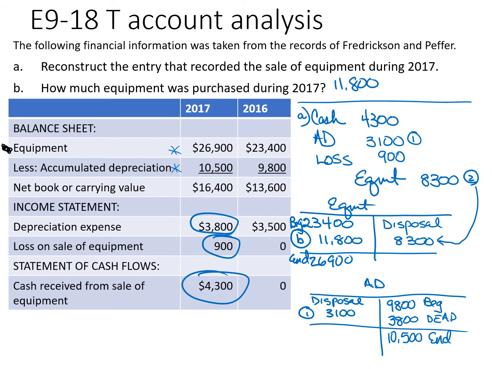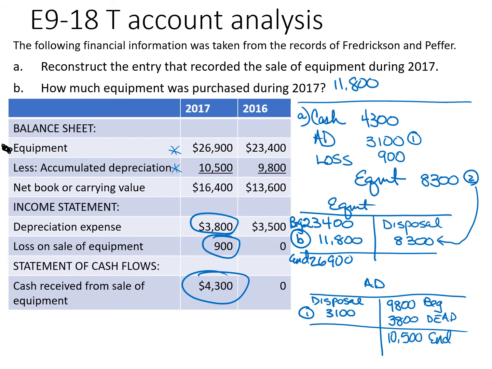So we can reconstruct what happened during 2017. What could have happened? We either acquired property, plant, and equipment, or we disposed of property, plant, and equipment. And we'll figure out those two amounts in a second.